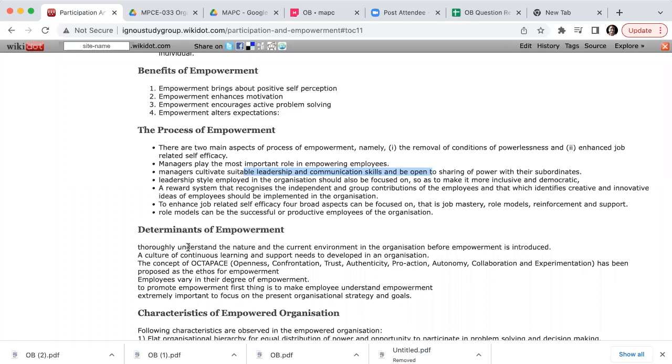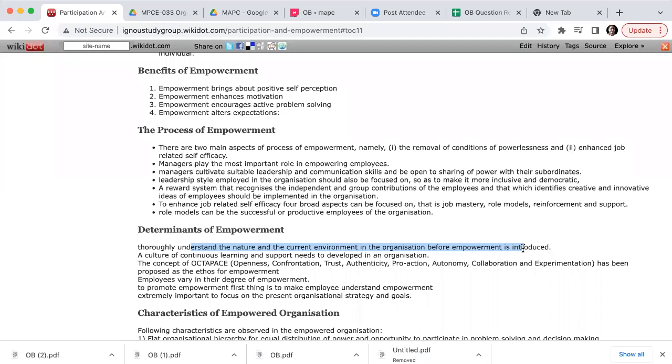So how exactly are you going to determine? Thoroughly understand the nature and current environment within the organization before empowerment is introduced. Understand your organization first. Empowerment cannot be done in all cases. Assume that it's a military organization.